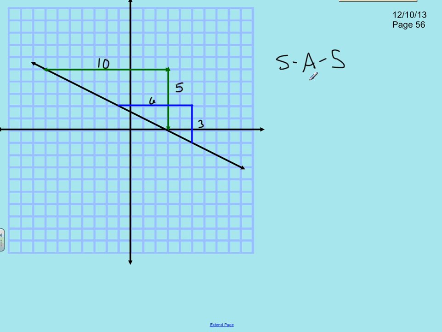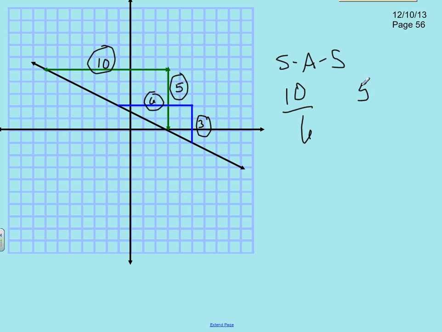So the side angle side theorem says if I have two sets of sides that are proportional, so let's set up a proportion. I'm going to take the 10 here, and it matches up with the 6 over on this side. So my first fraction is 10 over 6. And then I have the 5 here and the 3 here.